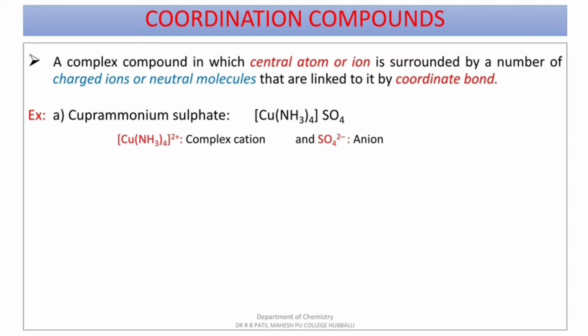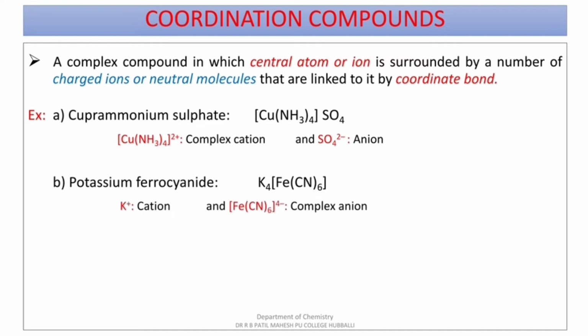Even though there is a presence of different components, that is Cu and NH3, they are not completely ionized even after addition of excess of water, so that comes under coordination complexes. Next, the second one, potassium ferrocyanide K4[Fe(CN)6]. When this undergoes ionization, it forms simple cation K+ and complex anion [Fe(CN)6]4-.